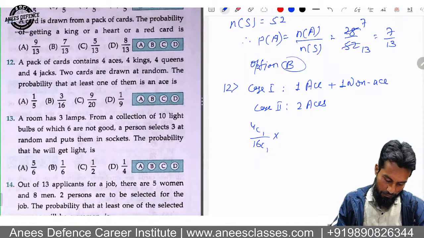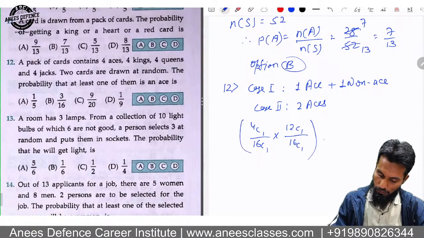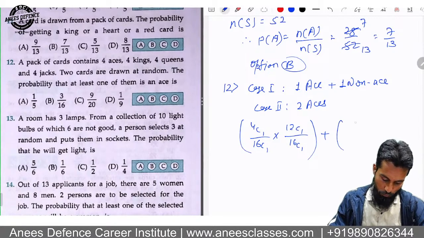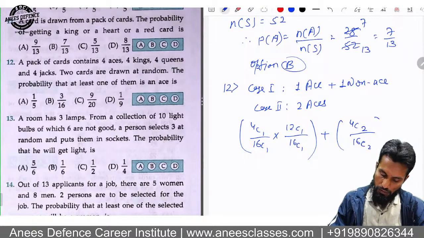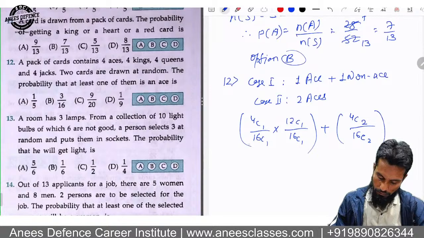Other than ace, there are still 12 cards. So 12C1 upon 16C1. This is case number 1. Case number 2, both should be ace only, so you can write 4C2 upon 16C2. That's all. Solve it and you'll get the answer.